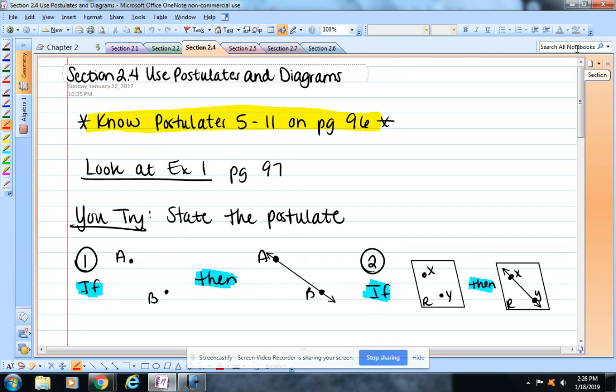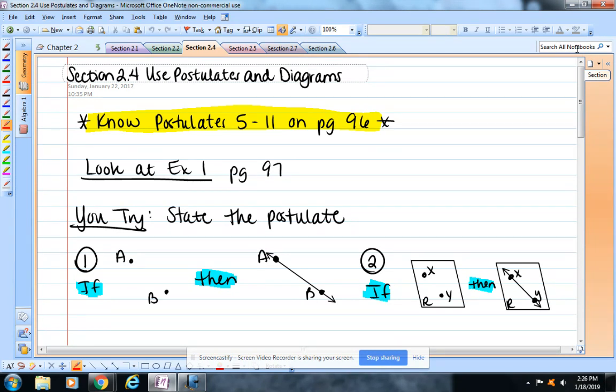So one postulate says through any 2 points, there is exactly one line. The next postulate says a line contains at least 2 points. Postulate 7 says if 2 lines intersect, then their intersection is exactly 1 point. Postulate 8 says through any 3 non-collinear points, and what does non-collinear mean? Not on the same line, there exists exactly one plane.